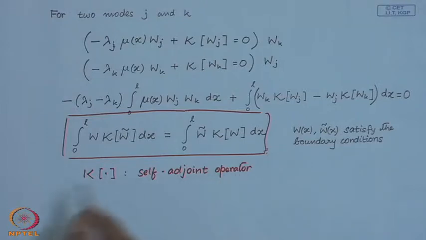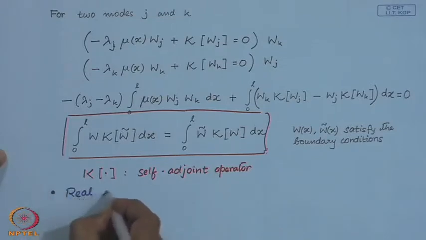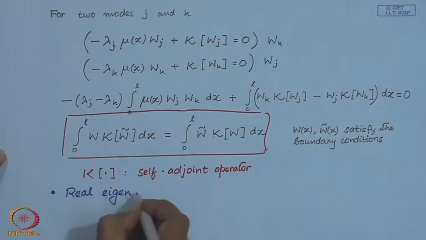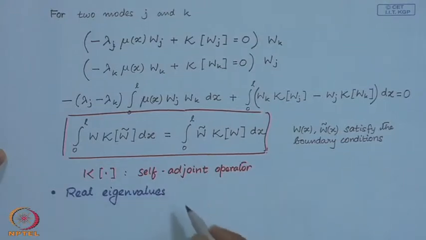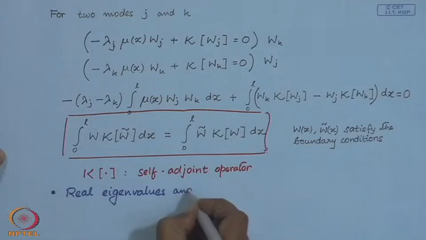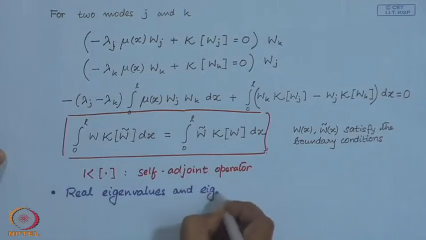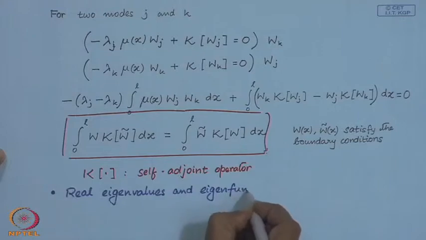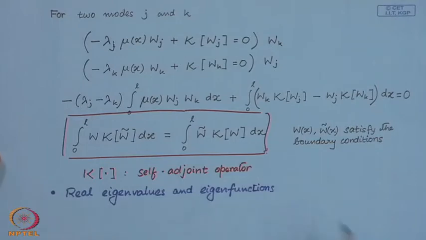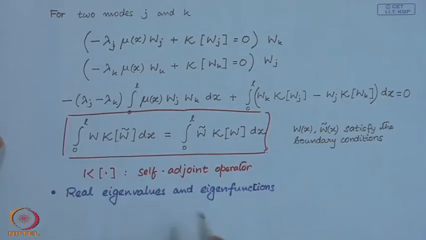In a similar manner, we have these properties, which can be shown very easily: the eigenvalues and eigenfunctions are real whenever the stiffness operator is self-adjoint.